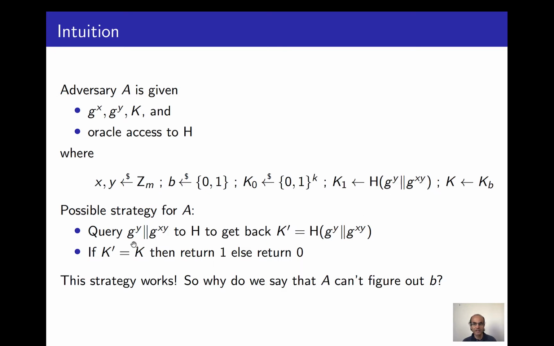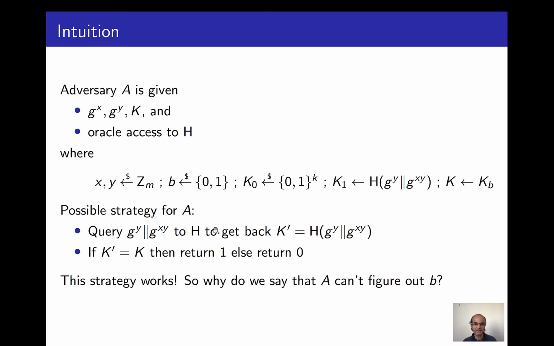Well, if the challenge key k it got was actually k1, then k' and k would match up, and so it could say it did return 1. If k' is not equal to k, then it's more than likely that k was actually k0, and so it can return 0. And so this strategy effectively works.